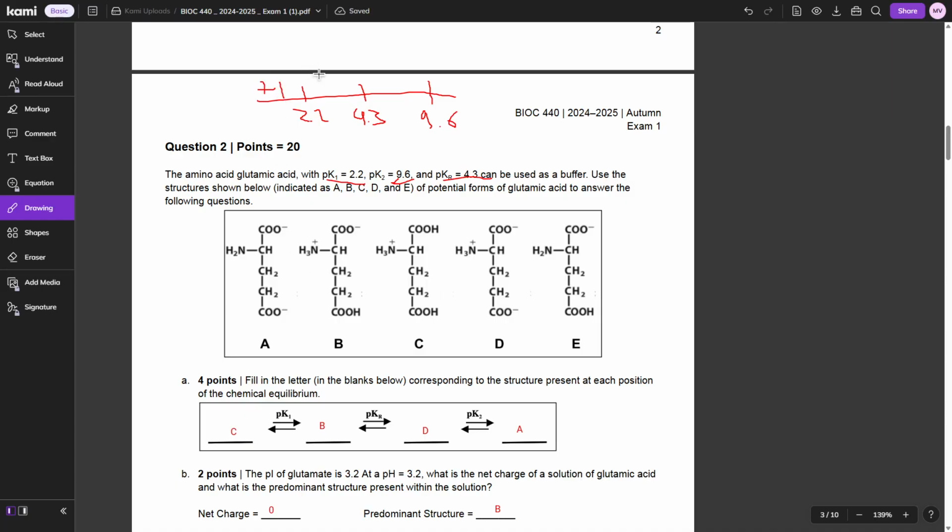That's below this pKa. Which one of these has a +1 charge and only a +1 charge? That's just C. The other options that have a plus charge on the amine are B and D, but they have a minus charge here and 2 minus charges here, right? So it cannot be B and D. It has to be C.